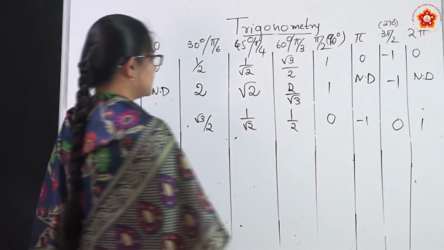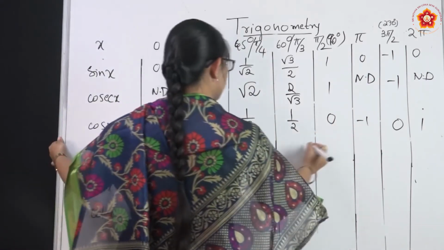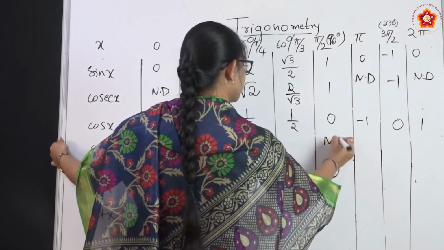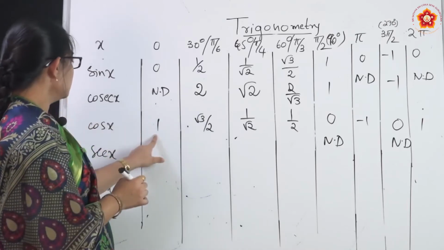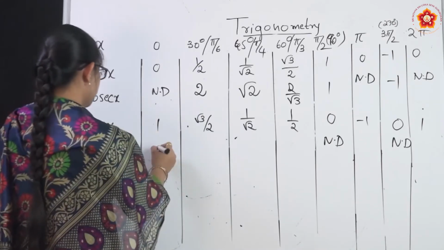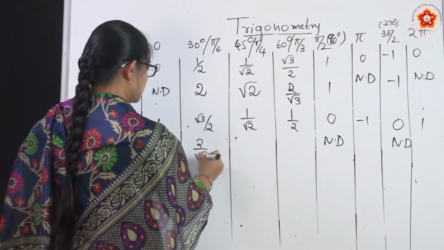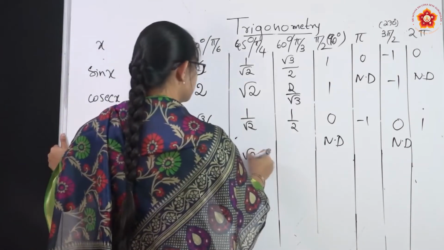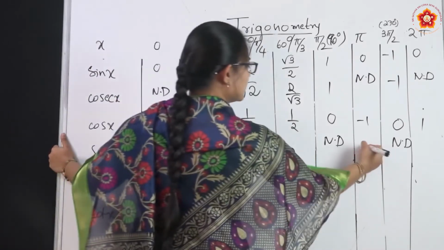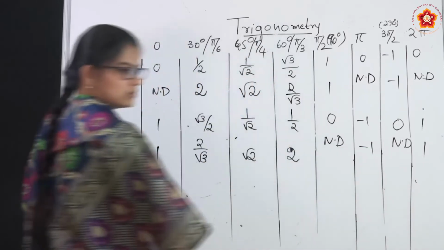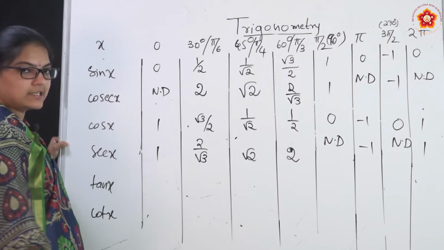So let us write that first. At pi by 2 and 3 pi by 2, at all odd multiples of pi by 2, you get secant x not defined, correct. And here you can see 1 by 1 is 1, root 3 by 2, reciprocal is 2 by root 3, and next here root 2, here 2, next here 1 by minus 1, 1 by 1, 1. So this is how we can find the values of cosecant and secant x.